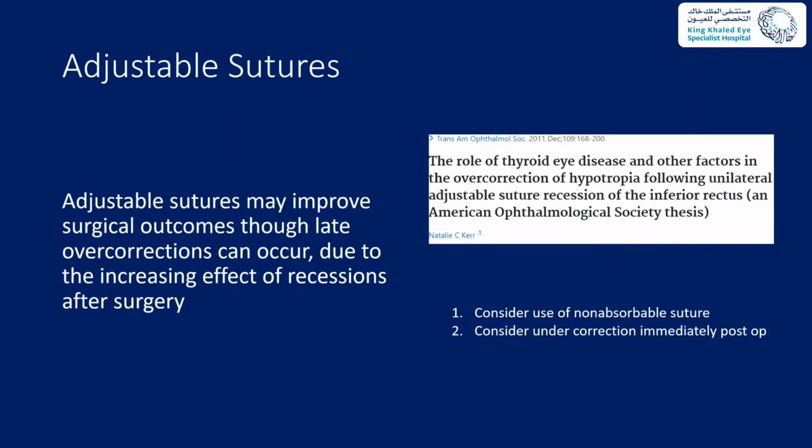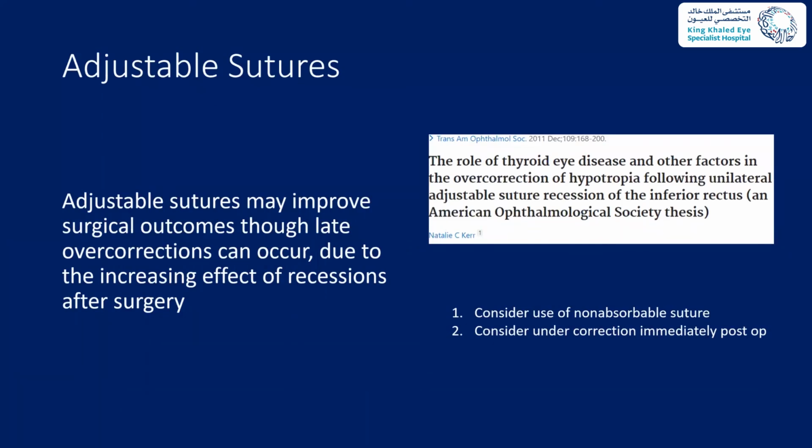And adjustable sutures would seem to be a natural indication for use in patients with unpredictable surgical outcomes, but you have to be careful here because late overcorrections can occur due to the increasing effect of recessions after surgery, which could be due to an issue with adherence of a tight muscle to the globe or long-term changes in the antagonist contracture.